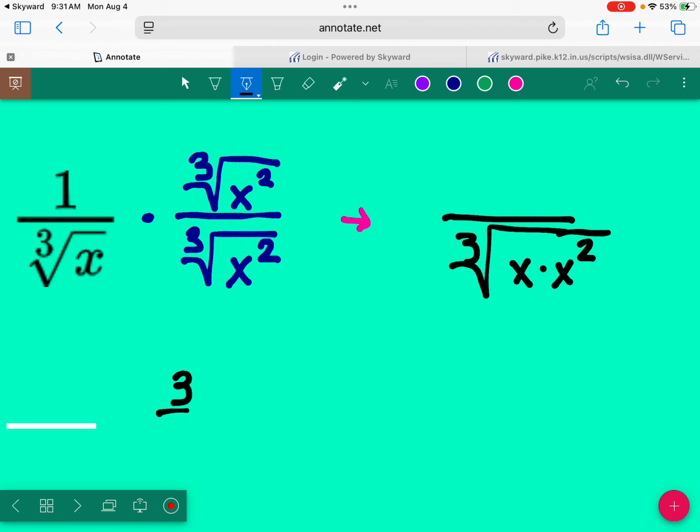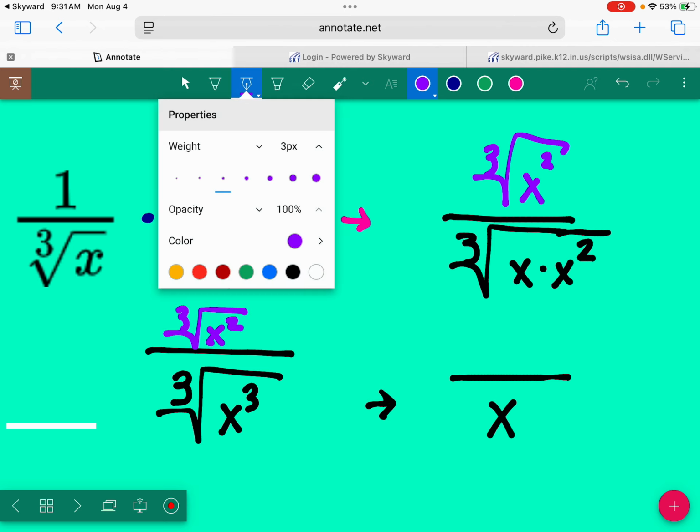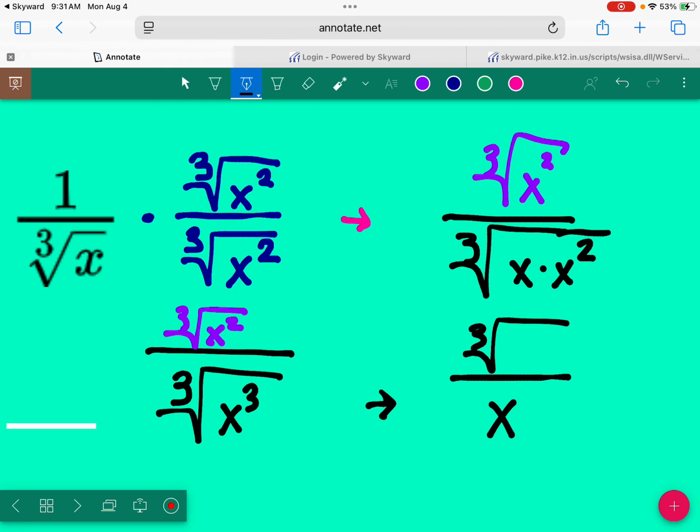So we have the cube root of x cubed, which means we're going to have our denominator be what? What is the cube root of x cubed? Just x. So our numerator up here, we have our 1 times our cube root of x squared. And so our final numerator is our cube root of x squared.